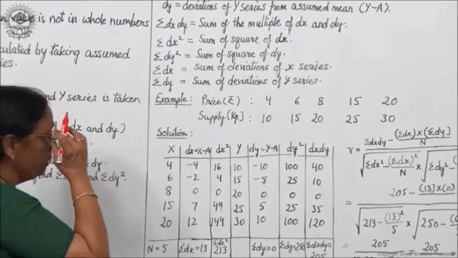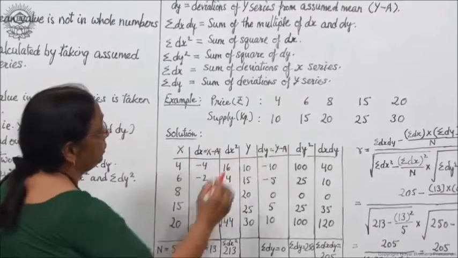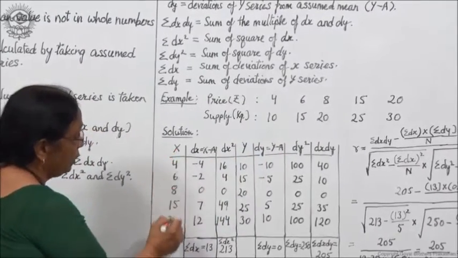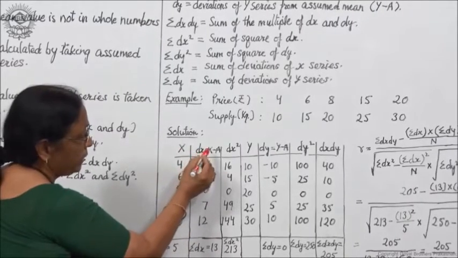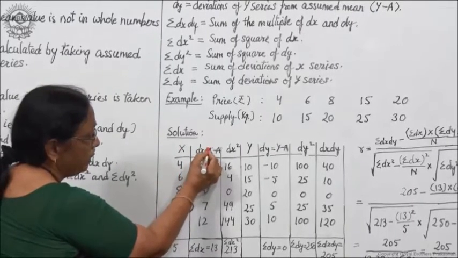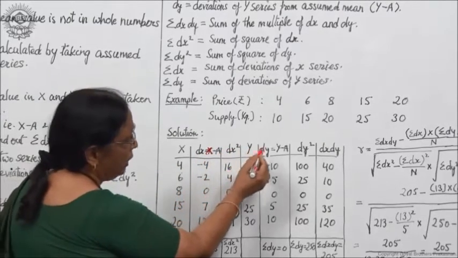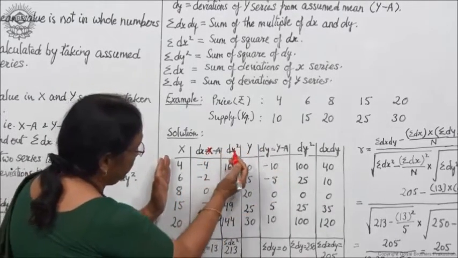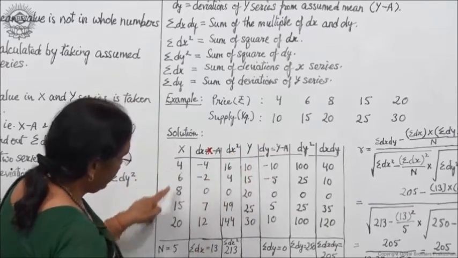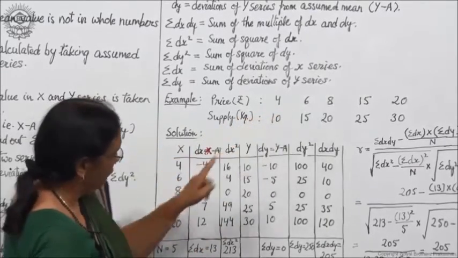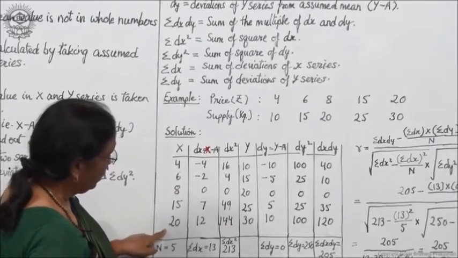Now the solution: you will make these columns. First the x column, then dx, that is x minus a, dx square, then y. First we take the x part: copy down the values 4, 6, 8, 15, 20 in the same order.